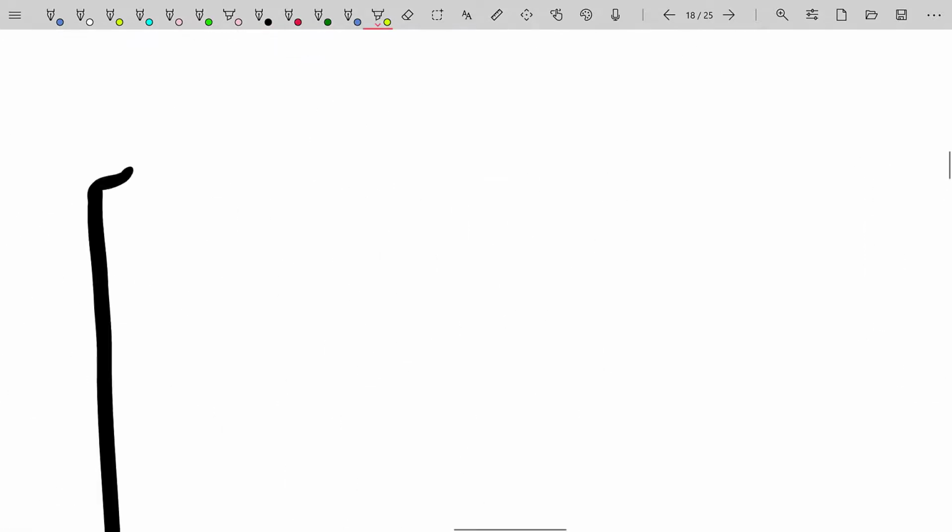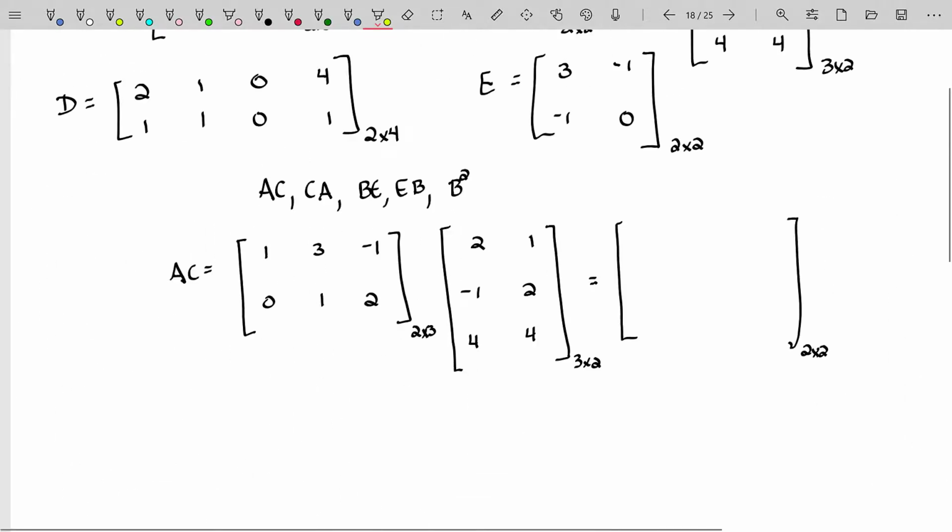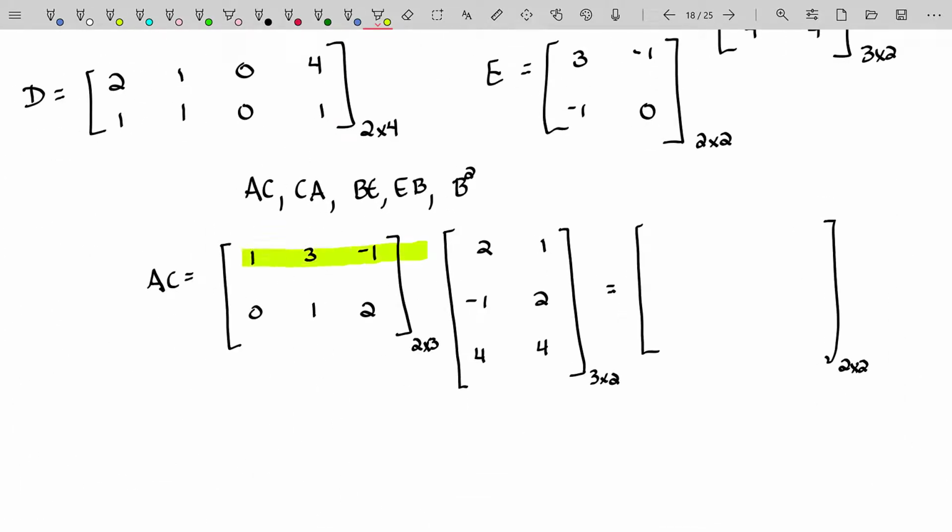In the first row, first column of our resultant matrix, we're going to take this first row times this first column. And when I say times, I mean the scalar product or the dot product. So the dot product between those two lists of numbers is going to be 2 minus 3 minus 4. And I wrote it right there so you know where it came from. It's 2 times 1, negative 1 times 3, and 4 times the negative 1.